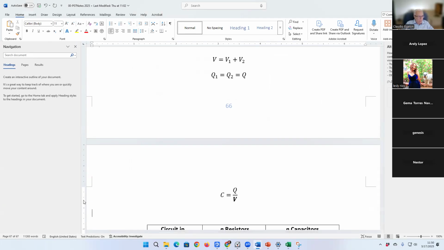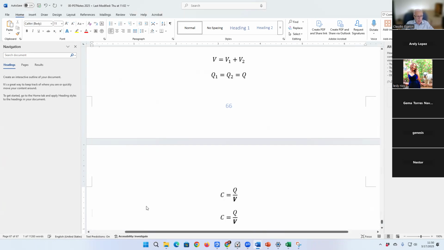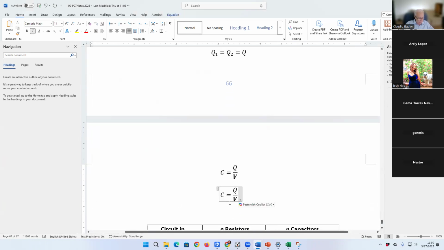Since those capacitors are in parallel to each other, we are going to rewrite this equation here in terms of the equivalent capacitance.